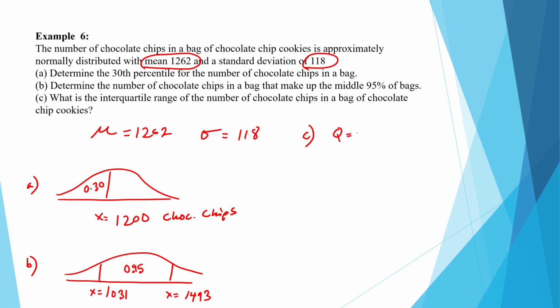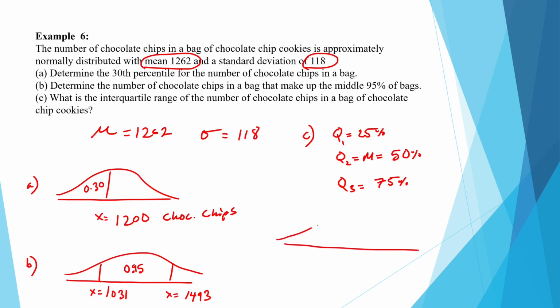Recall that Q1 represents 25% of the data or below. Q2, or the median, represents 50% of the data or below. And Q3 represents 75% of the data or below.